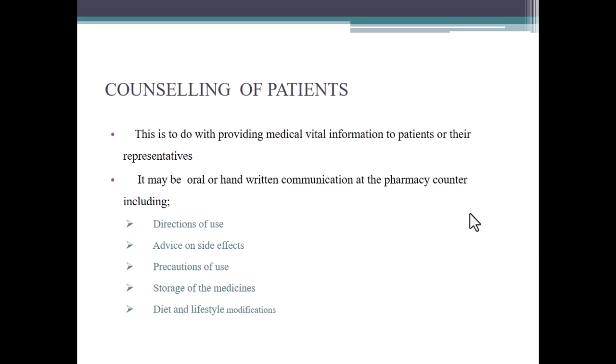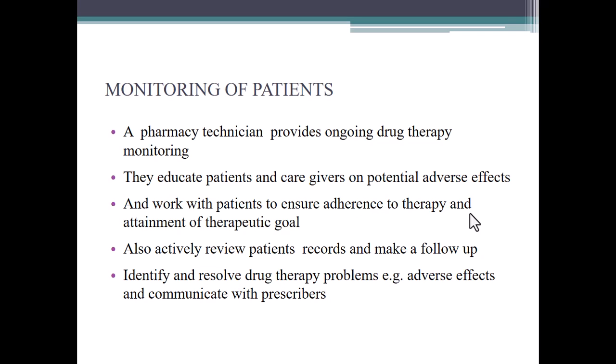So counseling of patients, we already have a lecture on counseling of patients on this specific channel. In your free time, kindly listen to that specific lecture, because this is just a repetition of that. In case you may not find that time, you can pause this slide and briefly go through what happens.